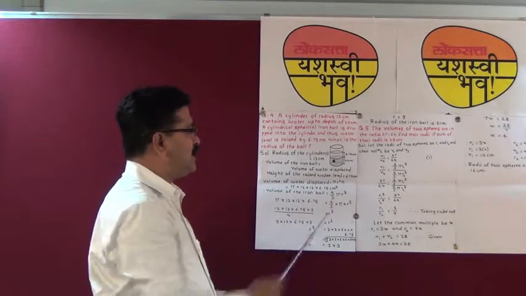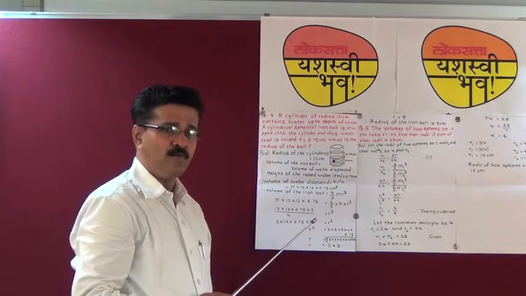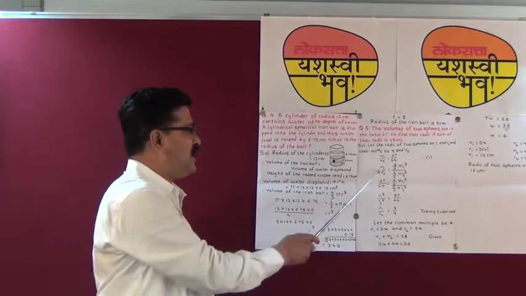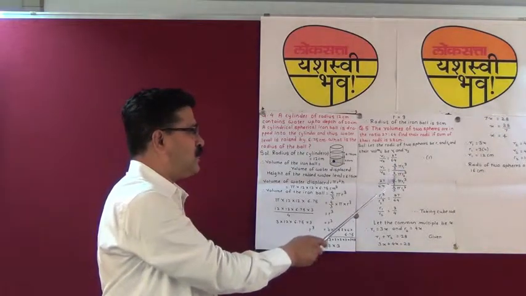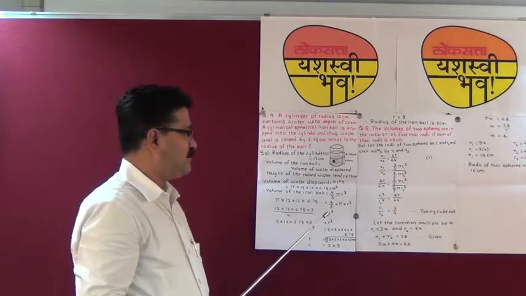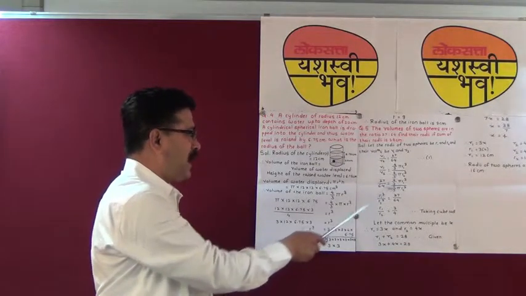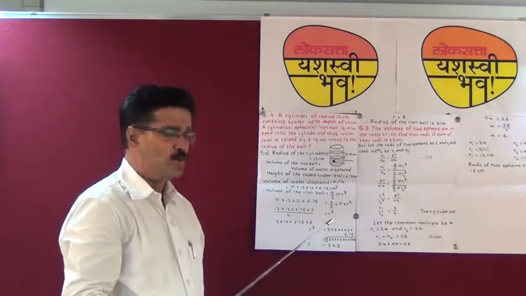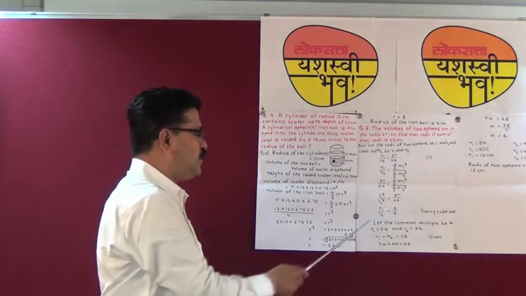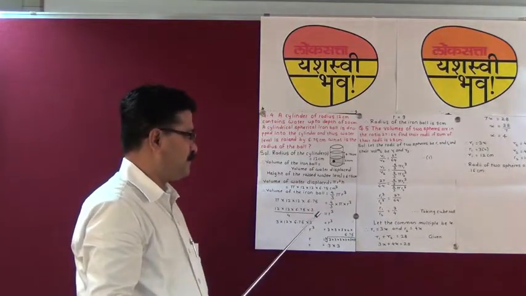So according to given condition, V1 upon V2 is equal to 27 upon 64. So V1 upon V2 is equal to 4/3 pi r1 cube upon 4/3 pi r2 cube. So cancelling 4/3 pi, you will get r1 cube upon r2 cube equal to 27 upon 64. On taking cube root, you will get r1 upon r2 is equal to 3 upon 4.